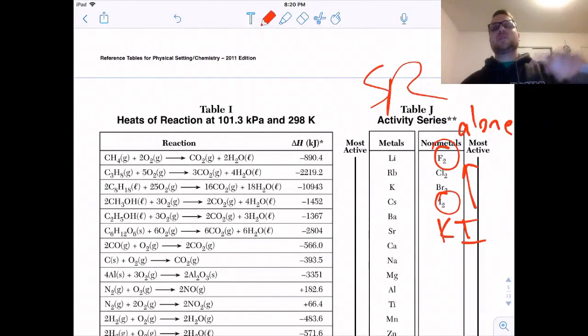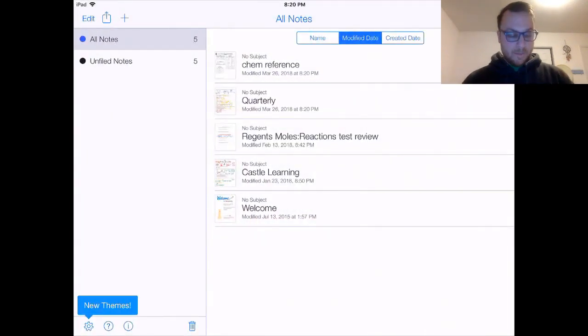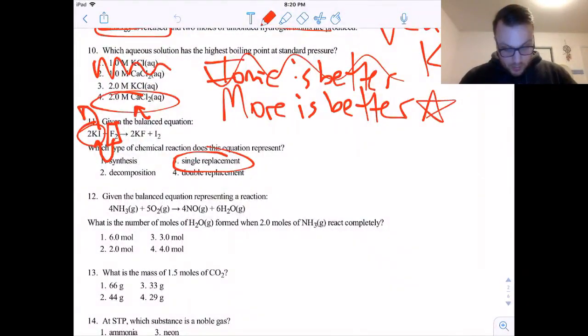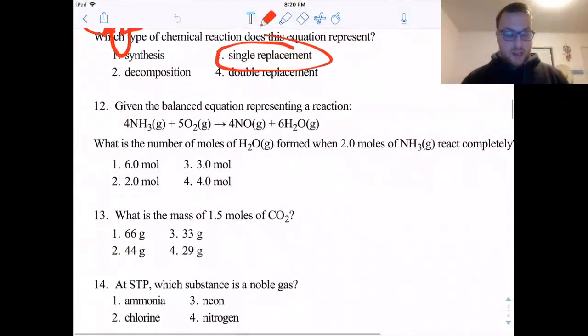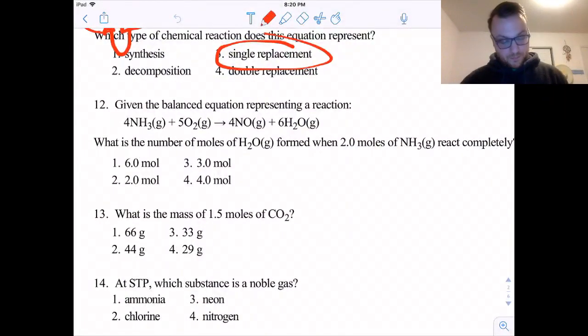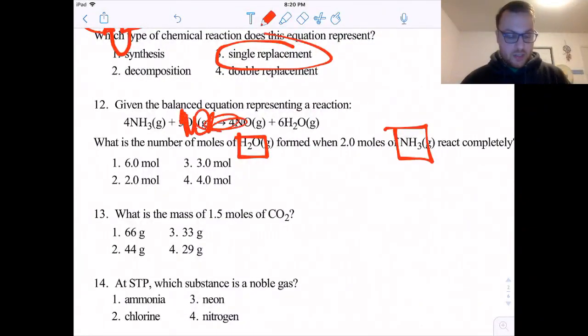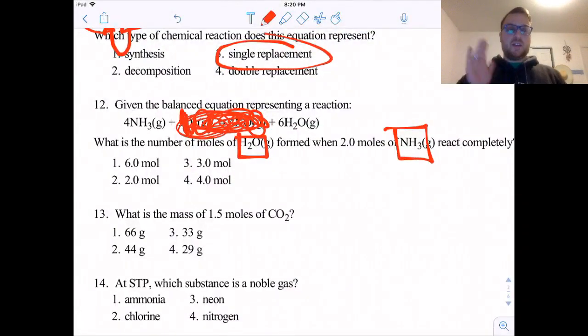12. This is a stoichiometry question. We are concerned with H2O and NH3. So I'm going to cross this out because I don't want to get distracted by other elements or compounds in the problem. And from the reaction, for every 4 NH3, there are 6 H2O.